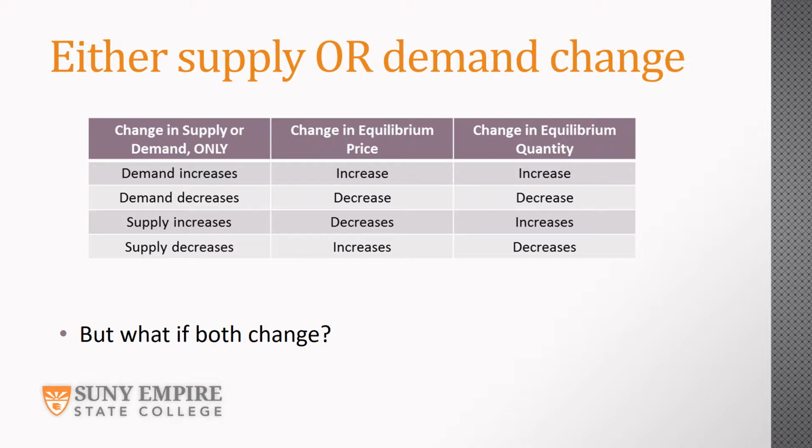If supply increases, the equilibrium price decreases, but equilibrium quantity increases. If supply decreases, then the equilibrium price increases, while the equilibrium quantity decreases. But what happens if both curves move?